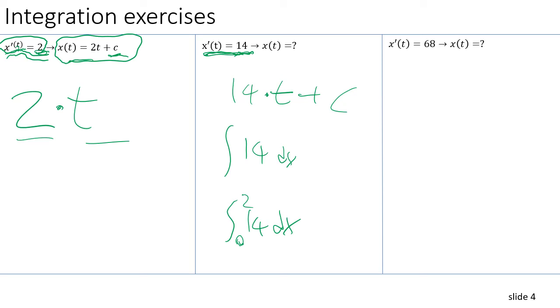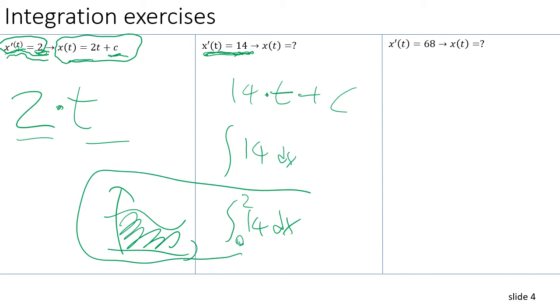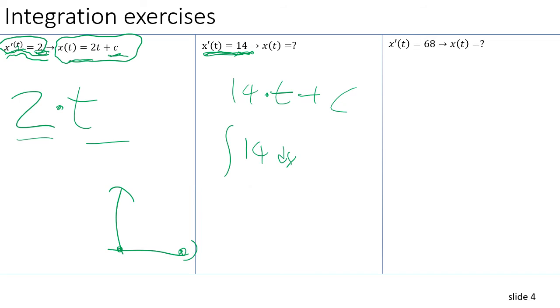Remember I said that the integral is like the area between the x-axis and the curve? With a definite integral, you're doing the integral only between two specific points. You're finding the area under the curve between two specific points on the x-axis. But now we're just doing indefinite integrals, where you're doing the area under the curve for the whole thing right here. So when it comes to these indefinite integrals, we don't know the initial condition. We don't have any basis for that.